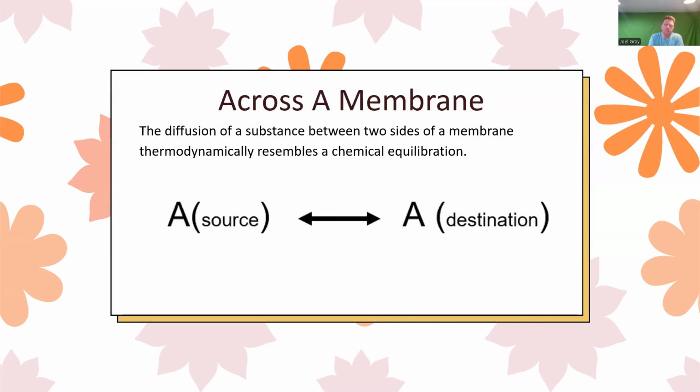Now, when we talk about movement across a membrane, the diffusion of a substance between two sides of a membrane thermodynamically represents a chemical equilibrium. A source to a destination, A being our molecule's concentration at the source versus the molecule's concentration in the destination.